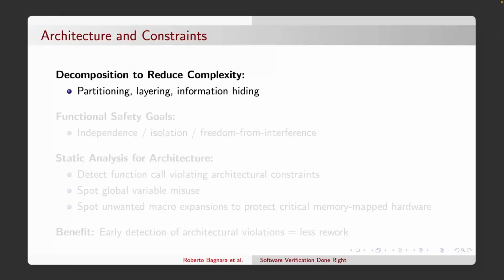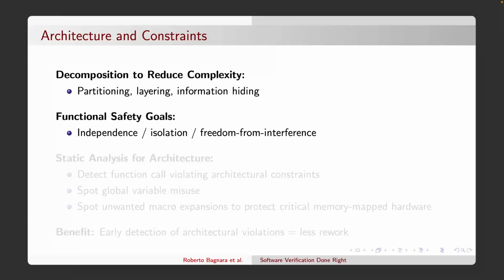So this is where the notion of partitioning, layering, and information hiding come from, and this will be explained in the webinar. The thing is even more interesting when functional safety and cybersecurity come into play. There we have the notion of independence, isolation, freedom from interference.